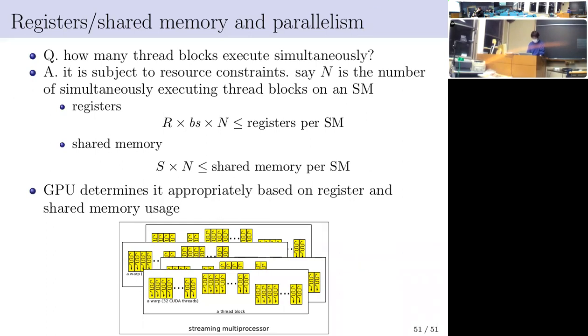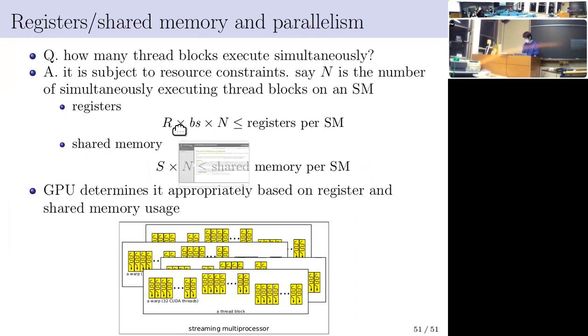As a matter of fact, there is a simple formula you can use to calculate how much of the streaming multiprocessor resources your CUDA program can utilize. There is something called the CUDA occupancy calculator. You can simply Google it.